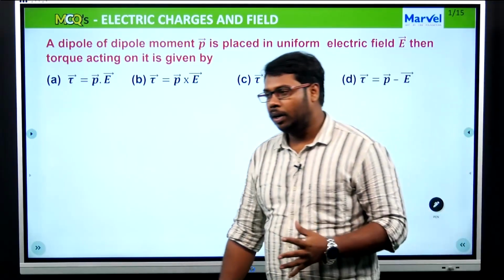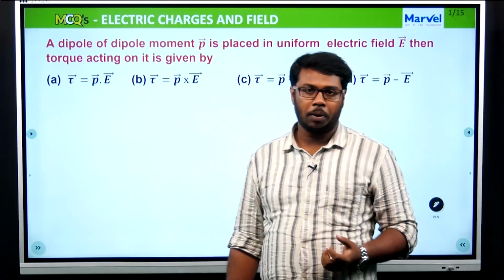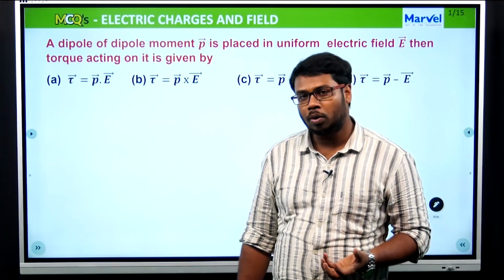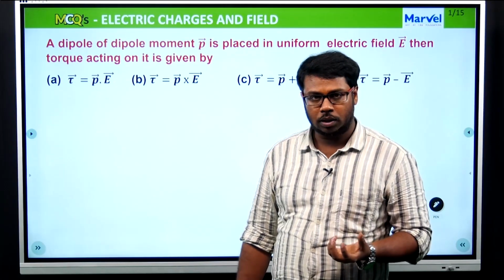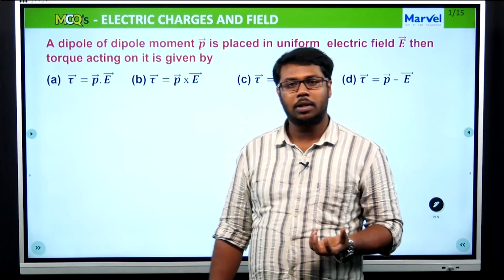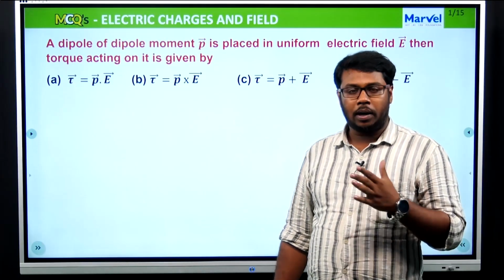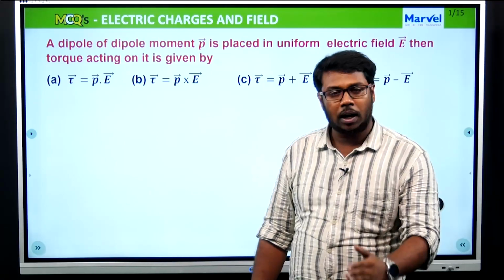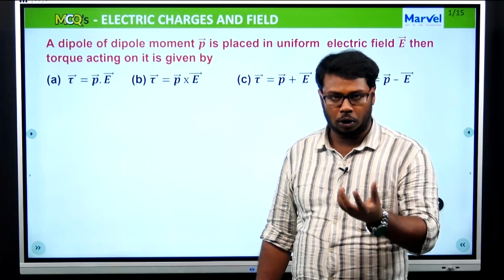So generally the torque is nothing but a rotating force that is acting on a body, and when an electric dipole, you already know that a dipole is nothing but two equal but opposite charges which are separated by a very small distance, is placed in a uniform electric field, it experiences a force, and that force will constitute a torque.